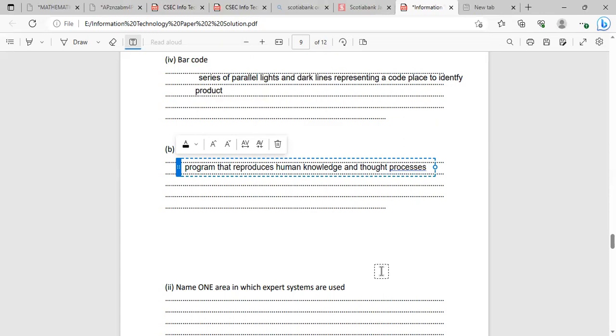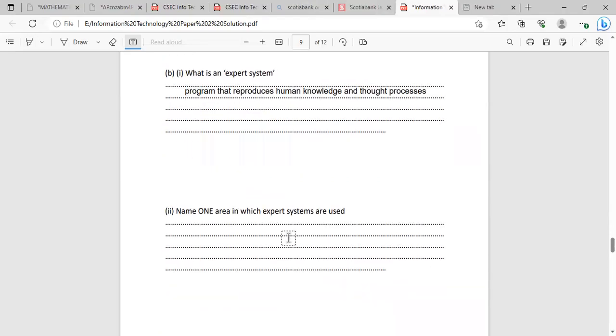All right. So now it says, name one area in which expert systems are used. Expert systems are used in medicine, of course. That's one of the first ones that we probably think of, right?